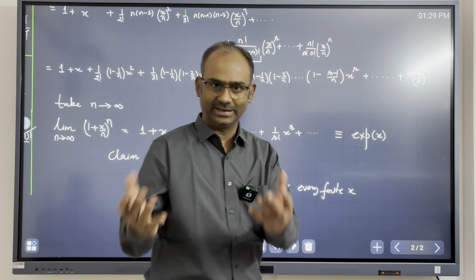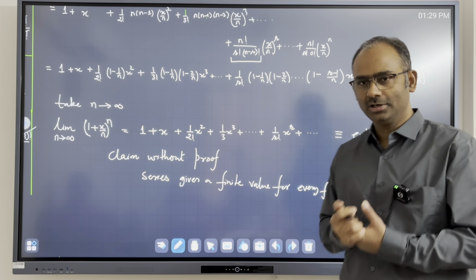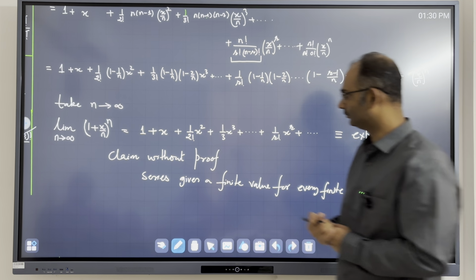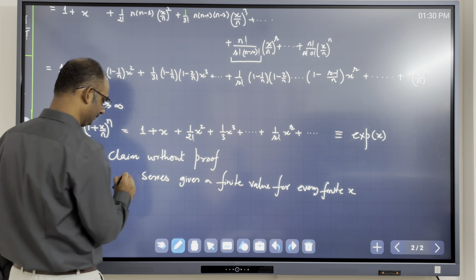Meaning if you choose some finite value of x, exponential of x will give you a finite value. Is that fine?